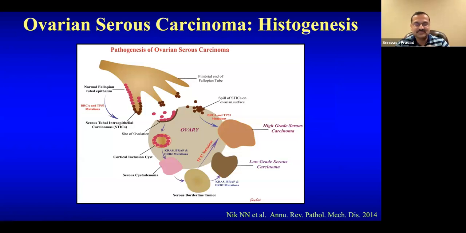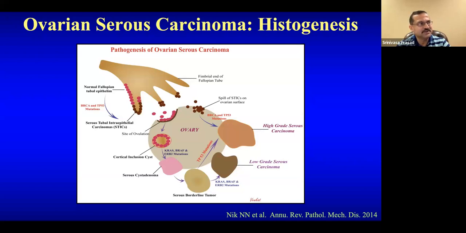So for a long time, the popular concept in ovarian carcinoma pathogenesis was that it is the cortical inclusion cyst that gives rise to most of these cancers, and the surface epithelial cells that give rise to this wide spectrum of epithelial cancers.